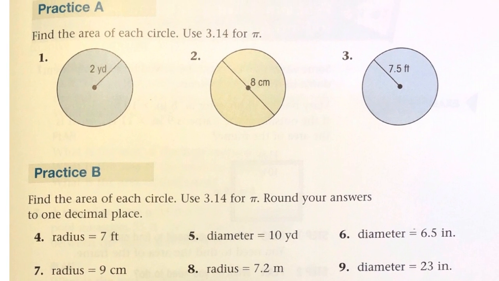So for practice A, we have 3.14 times 4, because the full area formula is 3.14 times 2 times 2. 2 times 2 is 4.